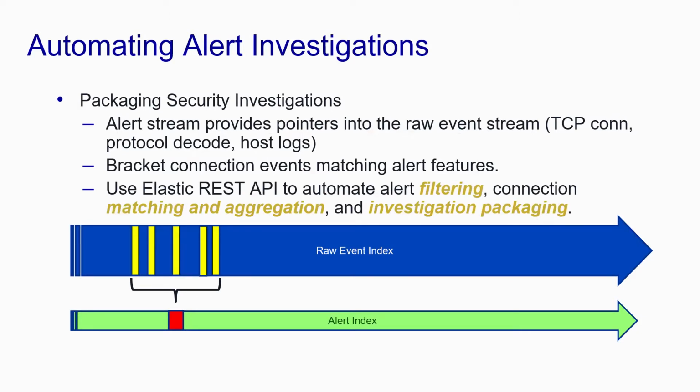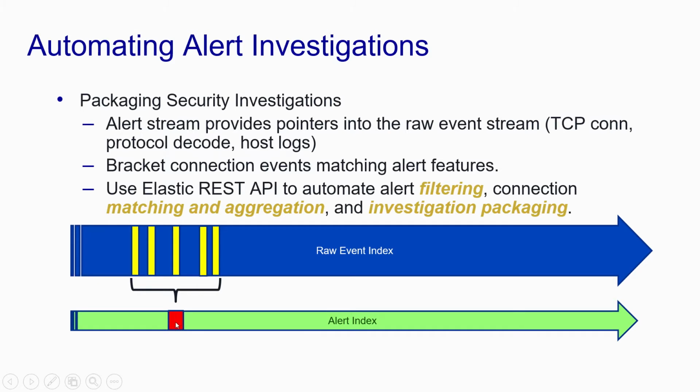So what we do is we come up with a package. The alert index is large, but it's not as big as the raw events. So we take a single alert, and then we look up in the raw event fire hose, essentially, all of the events that we think correlate with the original alert. It's fairly simple-minded, simple matching and aggregation.